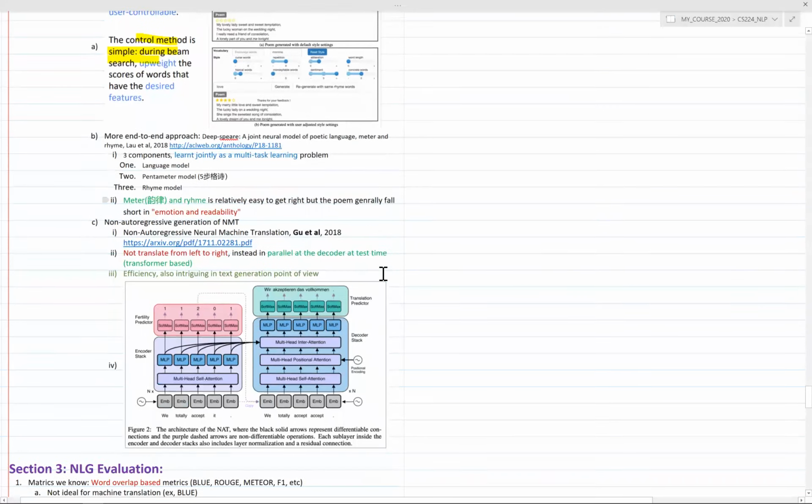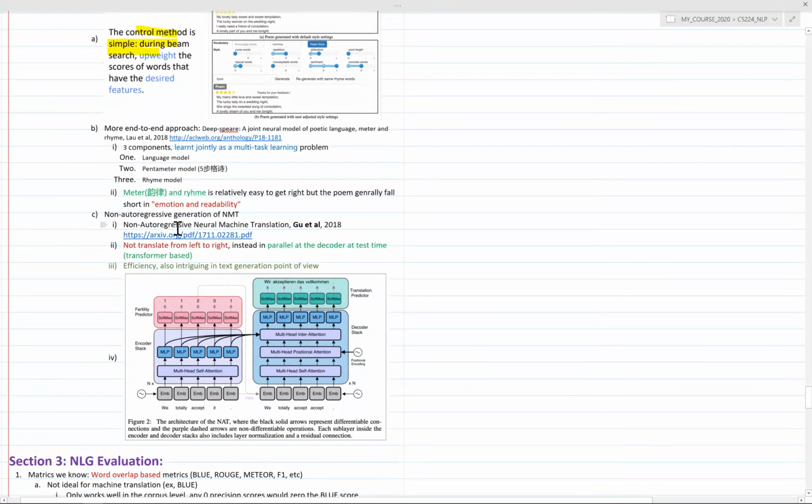So there's another improvement brought by the Gu team. It's called the non-autoregressive generation of neural machine translation. So in this case, the translation doesn't go from left to right. Instead, it is parallelizing the decoder at test time.